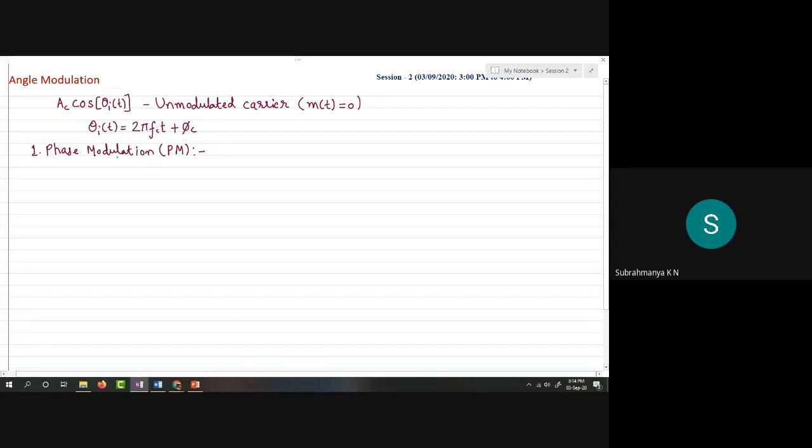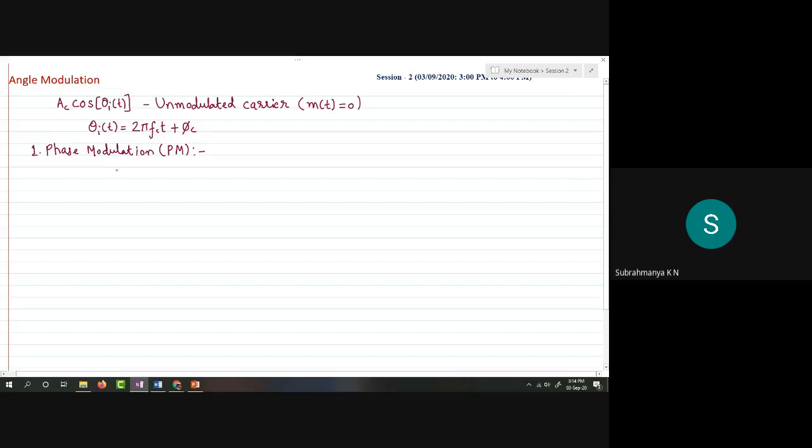The phase modulation, by name itself, says that the angle is varied with respect to the message signal. So we are not going to touch anything about the frequency part here. The angle has the rotation speed of the vector as well as some fixed carrier phase. So there is a frequency and there is a phase here, and phase modulation precisely talks about the phase part of this angle.